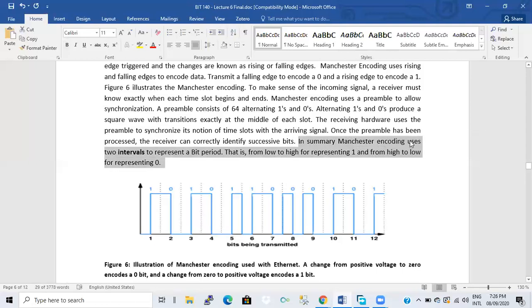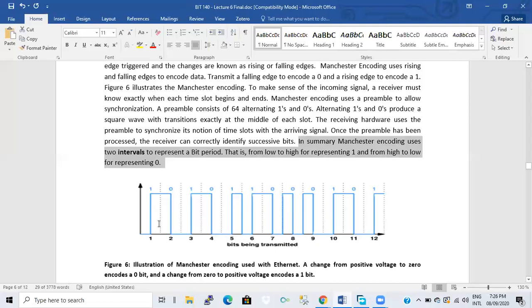In summary, Manchester encoding uses two time intervals to represent a bit period. So 2 time intervals, if you've seen these dots here, are representing a time interval. Okay, so there is this time interval there to there to there and to there.